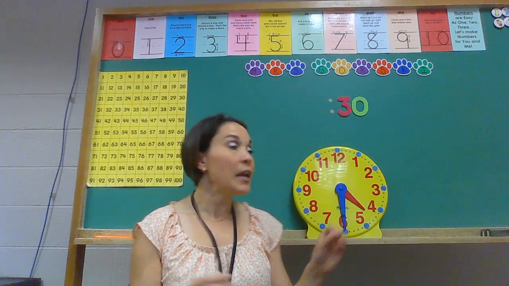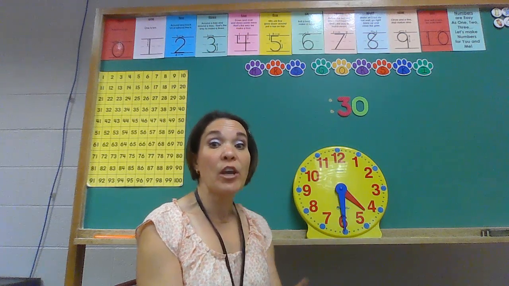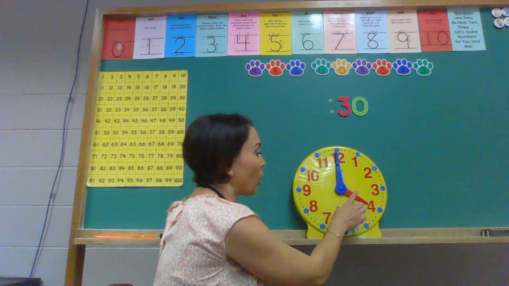So if you remember when we were working with the hour, the minute hand was always on the 12. Now it's going to switch up a little bit. When I talk about 30 minutes after the hour, we could also call it half past. It's always going to be on the 6. So the only thing that is going to change is the hour hand. When we were doing time to the hour, the hour hand was pointed directly on that hour number.